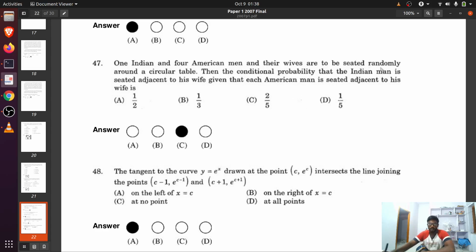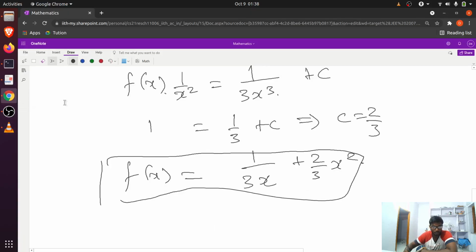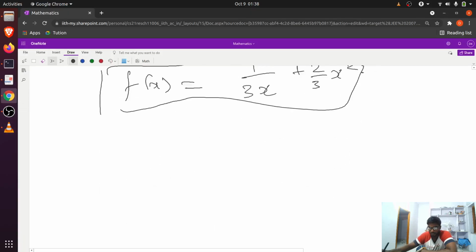So the seating is random around a circular table. There are 10 distinct people, and we are arranging them at a circular table. How many different ways can that be done?